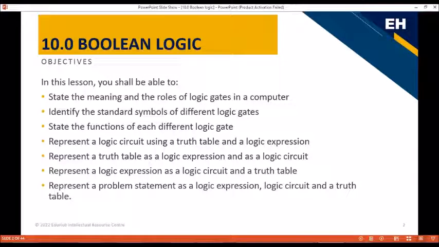Represent a truth table as a logic expression and as a logic circuit. Represent a logic expression as a logic circuit and a truth table. Represent a problem statement as a logic expression, logic circuit, and a truth table.